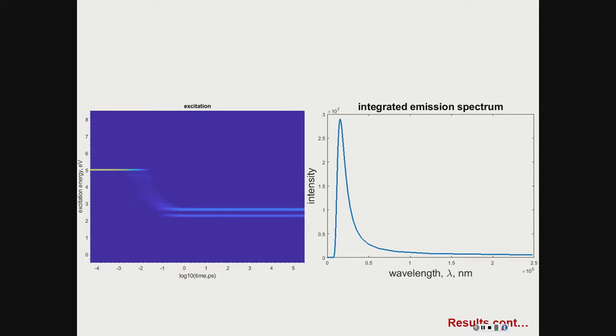So this is dynamics of excited electron hole pair, right? This one. And this is the integrated emission spectrum. Wait. Let's focus on the blue figure first. It's occupations of electron and hole multiplied by energy difference, right?